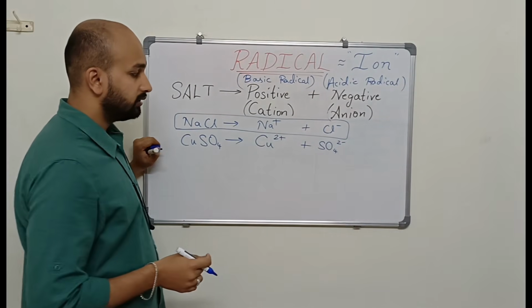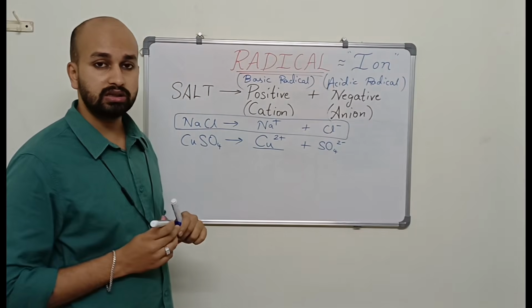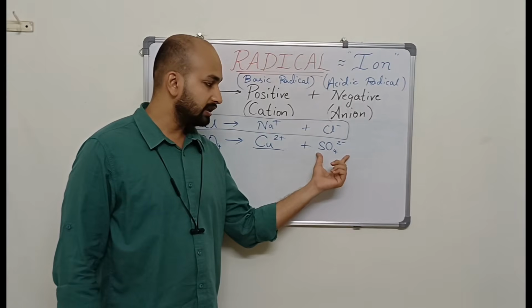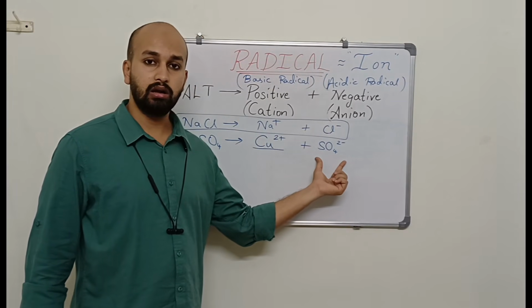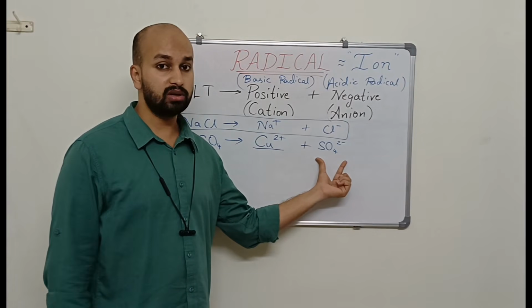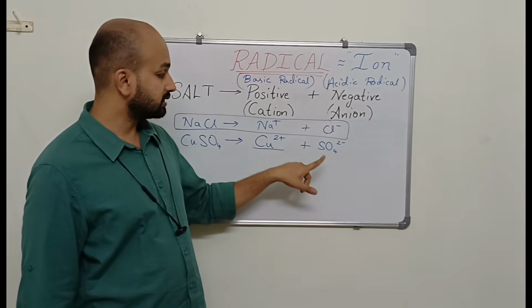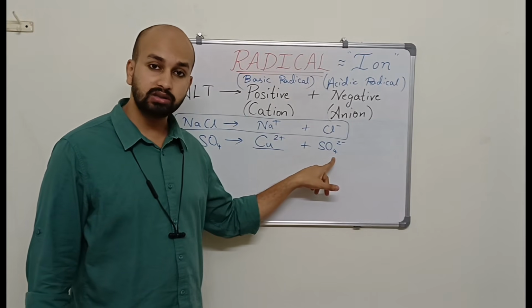Now if you can see here, the basic radical, which is Cu2 plus, is made up of a single atom, whereas the sulfate ion or the acidic radical is made up of how many atoms? Can you tell me how many atoms it is made up of? It is made up of 5 atoms, that is 1 sulfur and 4 of oxygen.